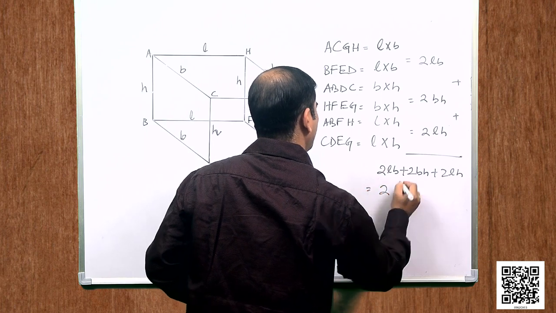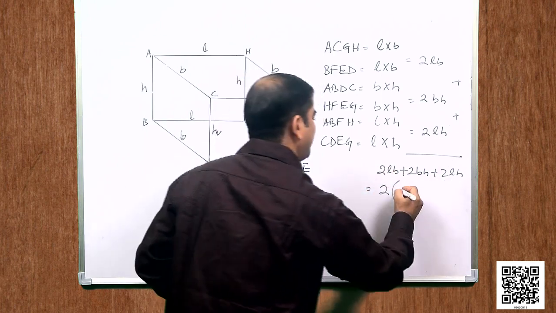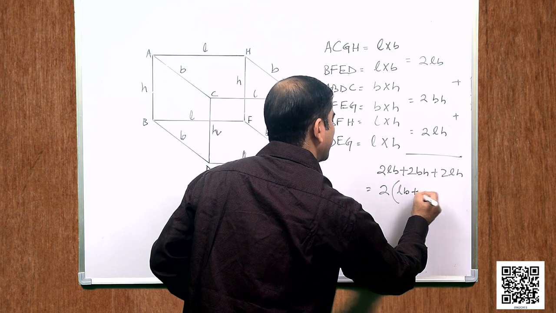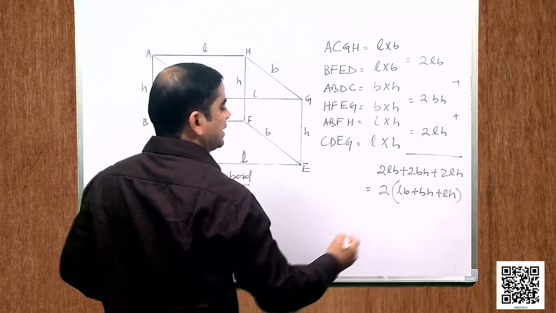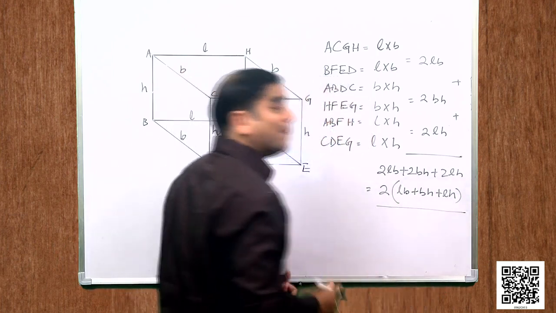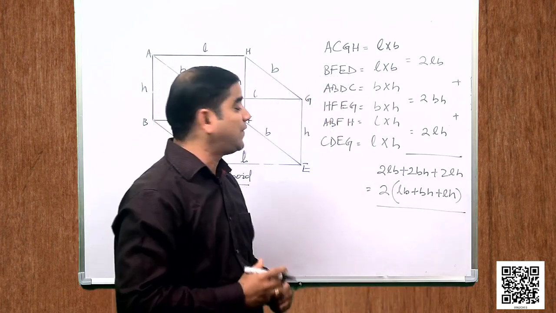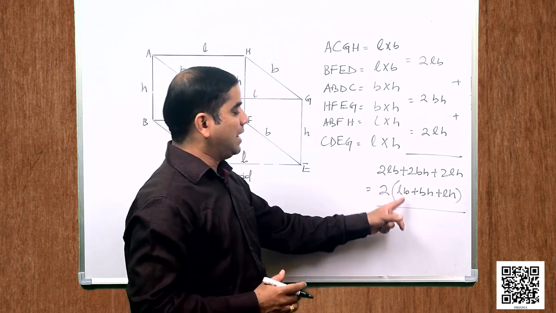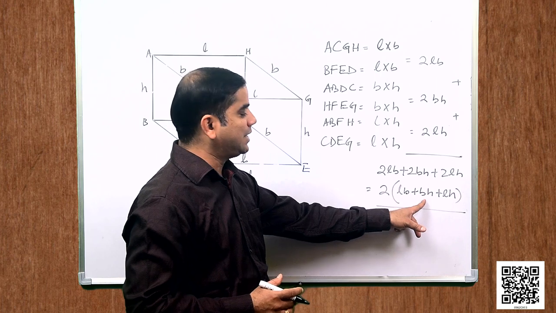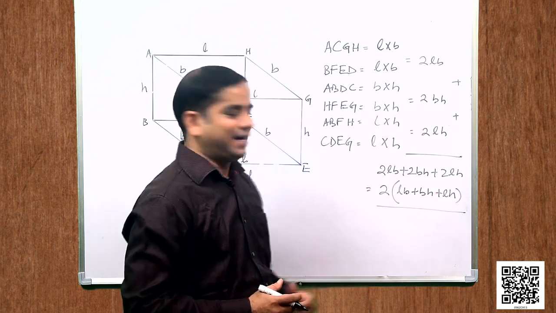If I take 2 as common, LB plus BH plus LH. So this gives us the formula to find out the total surface area of a cuboid, that is 2 into length into breadth plus breadth into height plus length into height.